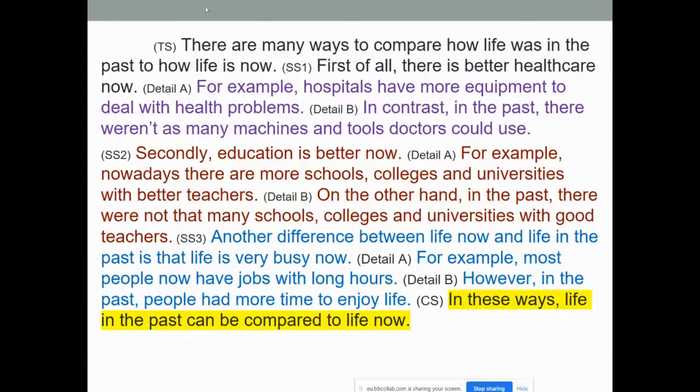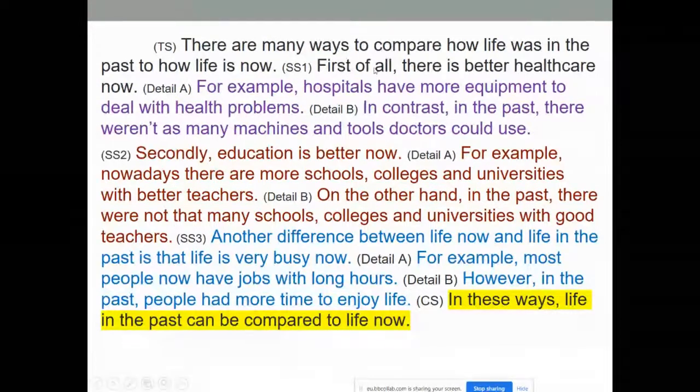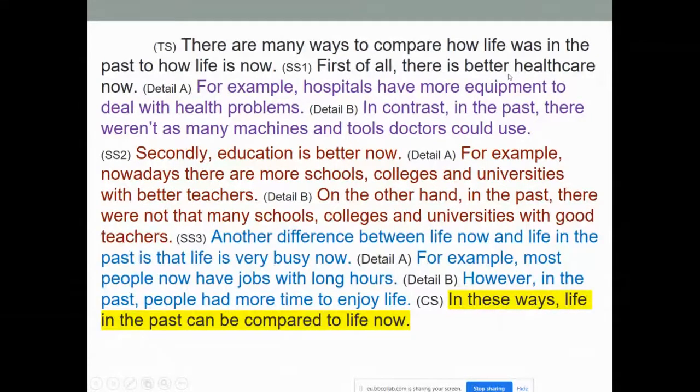Supporting detail: first of all, look at the signal words I use. First of all, there is better healthcare now. So the first topic was healthcare. So I used the signal word and the topic. And then details, for example, and in contrast. So I give two details. One is an example, another one is a contrast.